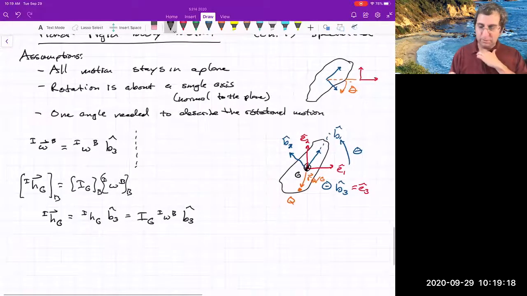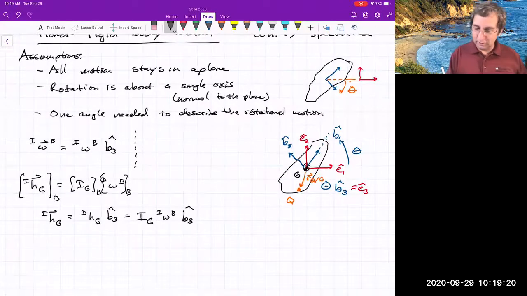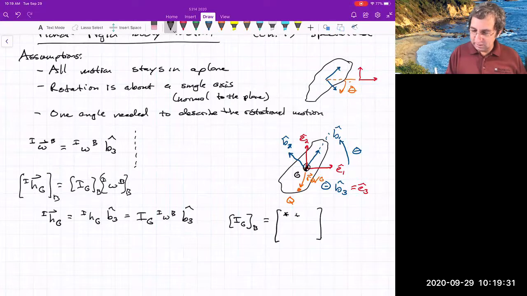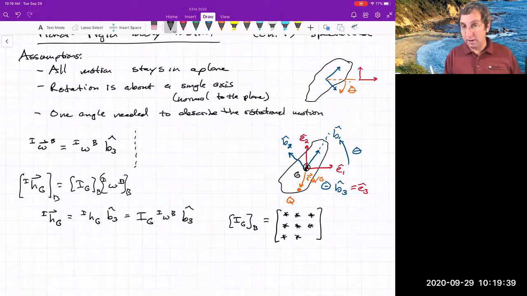So you don't even have to worry about all the other things. If I were to write the full 3×3 matrix IGB for this thing, it's a bunch of components we don't care about anymore. All that we care about is what we called the 3,3 entry before, but now it's IG.